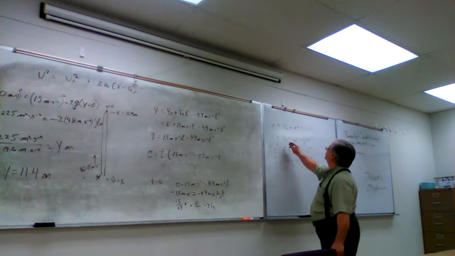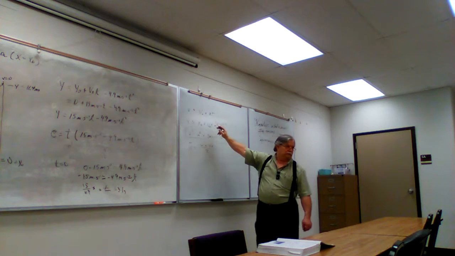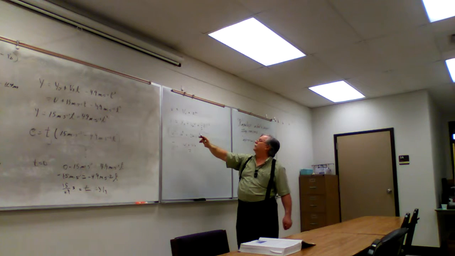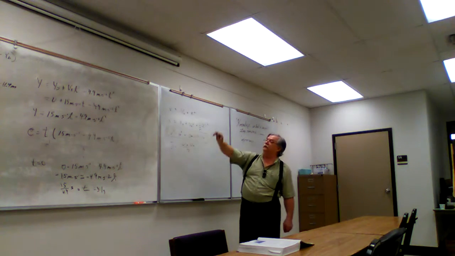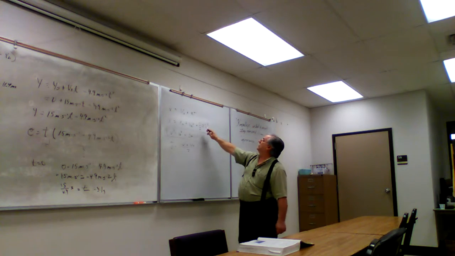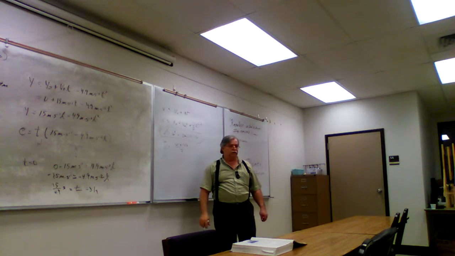We know that the starting position is 0, that the velocity will be 0 at the top. So the only thing we're looking for now is how long will it take the ball to go from 0 to 11.4 meters at minus 4.9 meters per second squared.